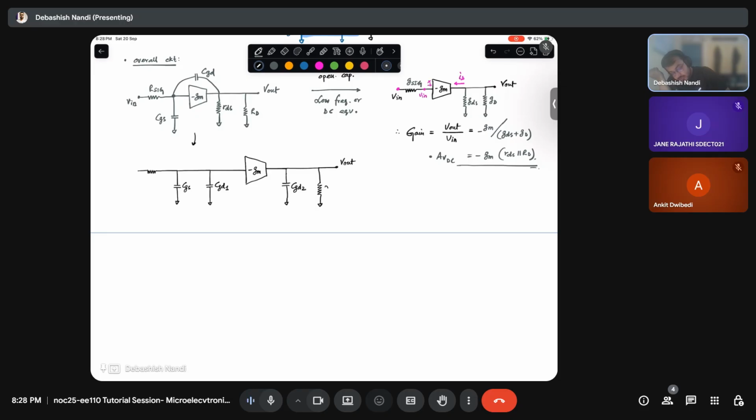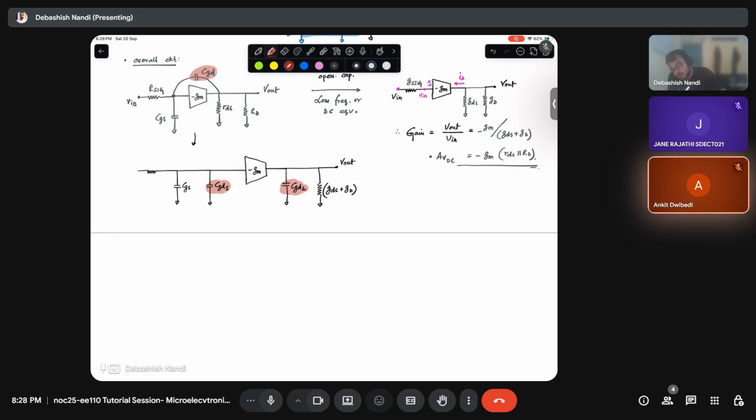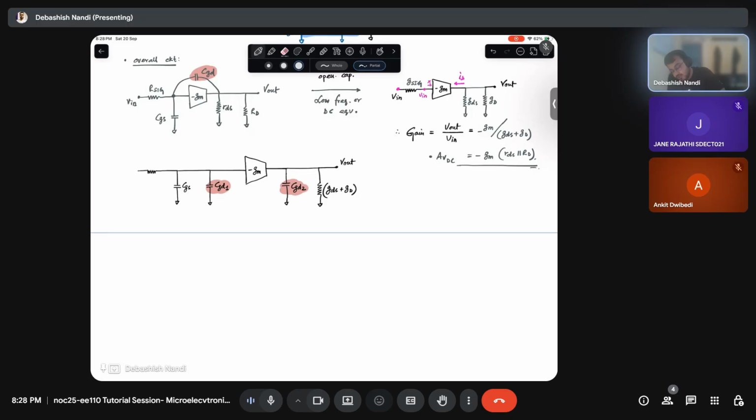Let me just club it for the time being. This becomes my GDS plus GD, because this will always be in parallel. So basically what I am doing is decoupling this into two capacitances. How can I do that? Miller's theorem. So what does Miller's theorem tell you?